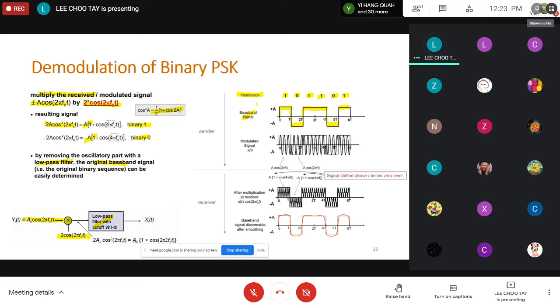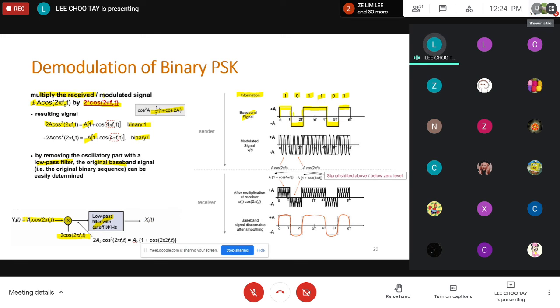To perform PSK using the multiplication technique, you have to make sure your digital data is converted into non-return to zero polar coding. You can also do return to zero polar coding. Later on, I believe I discussed it in the tutorial, you're going to see that your bandwidth requirement is more, but if you use non-return to zero, your bandwidth is less.